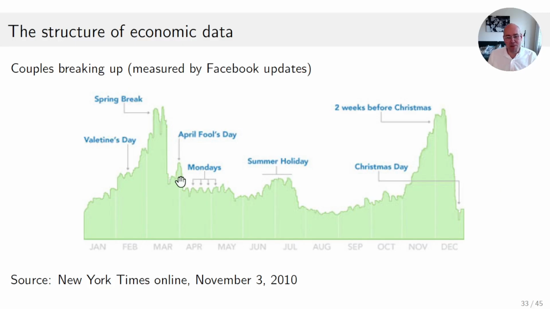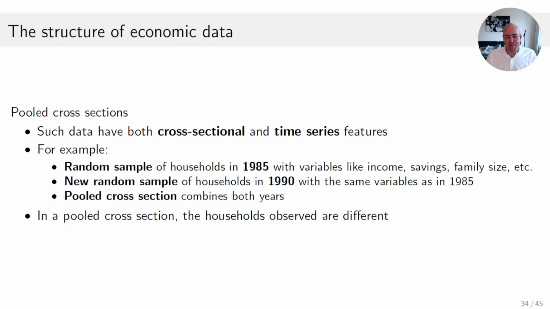Somebody made a bad joke, maybe, who knows? Spring break, more breakups, Valentine's Day, small hump, Christmas Day, no breakups or less breakups. However, 2 weeks before Christmas, a whole bunch of breakups. So that's an example of time series data. We're going to see that again when we talk about time series data.